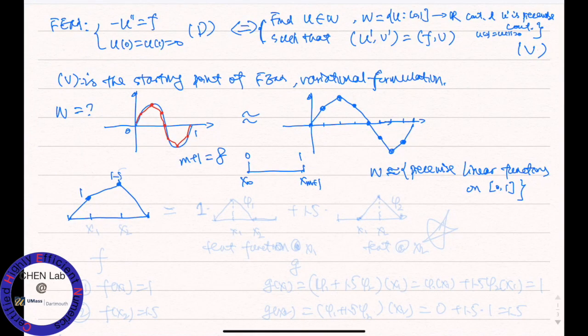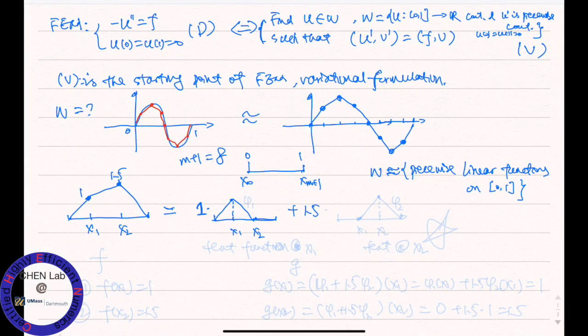So here is 1.5, at x1, x2. I want to say this is equal to 1 times this function, plotted on the same domain x1, x2. The function is equal to 1 at x1 and 0 everywhere else.